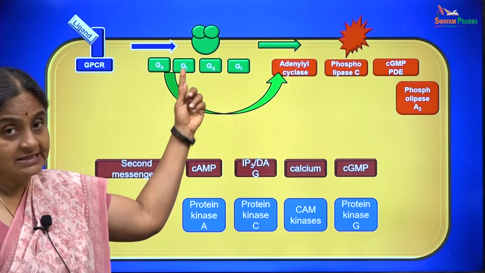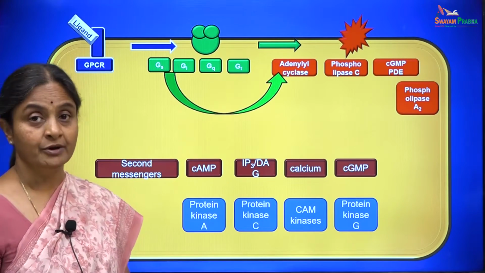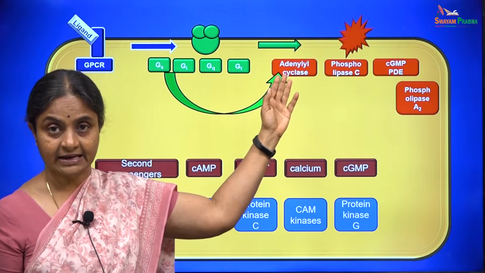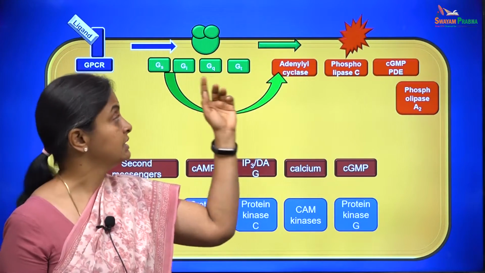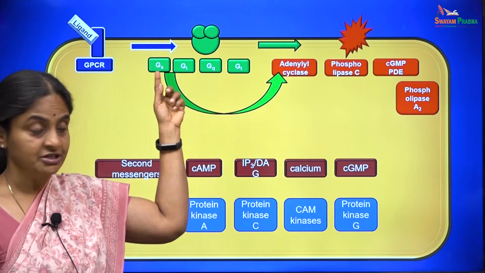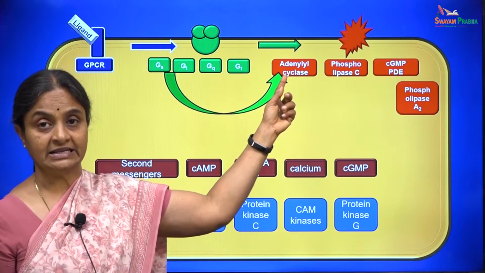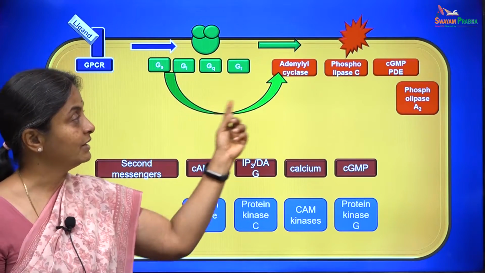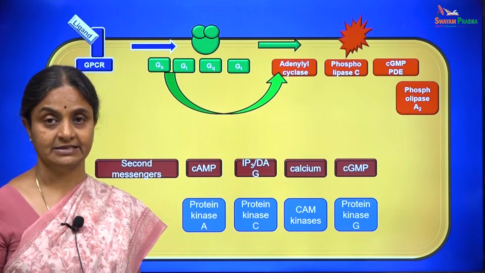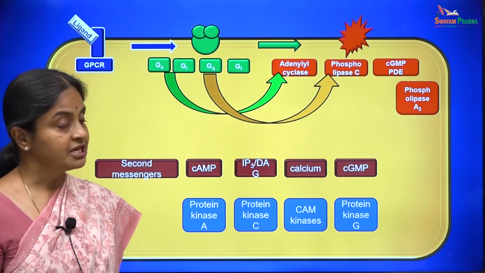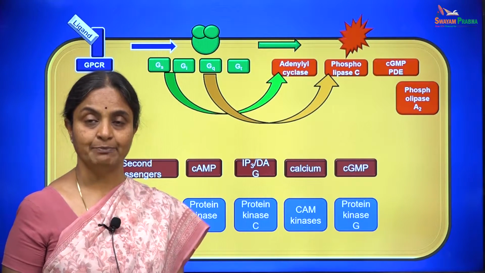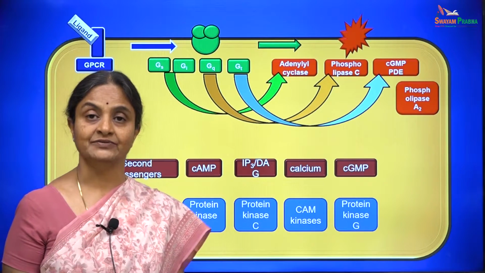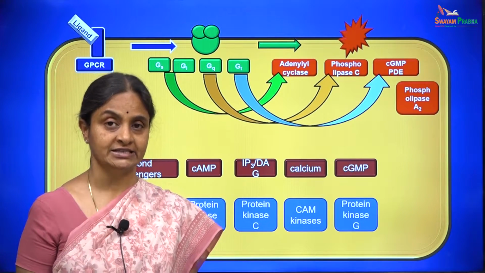The GS and GI types of G proteins modulate the adenylyl cyclase enzyme in the membrane. GS or G stimulatory will stimulate adenylyl cyclase, whereas GI or G inhibitory will inhibit adenylyl cyclase. GQ activates phospholipase C on the membrane, and GT activates cGMP phosphodiesterase.